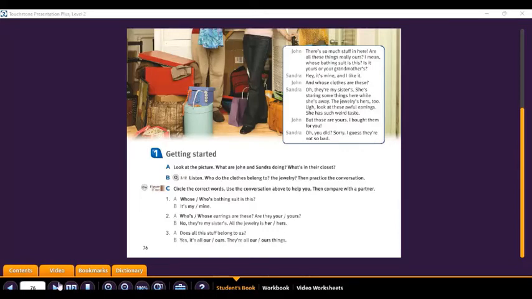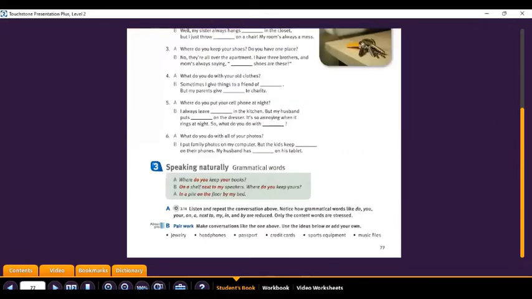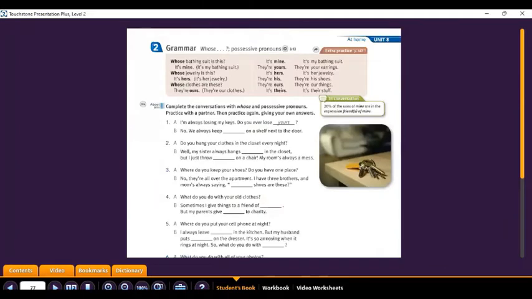So this is an introduction to the grammar part. We are going to learn to talk about possessive nouns. Okay, girls, have you ever used the possessive nouns, or can you identify those ones? Can you use properly mine, yours, hers, whose?